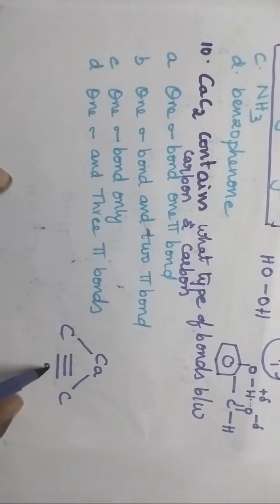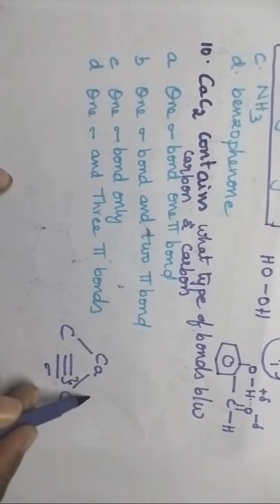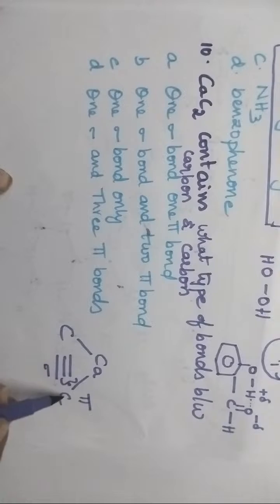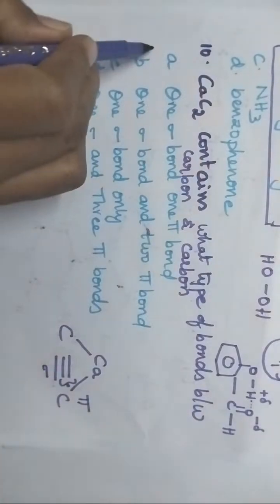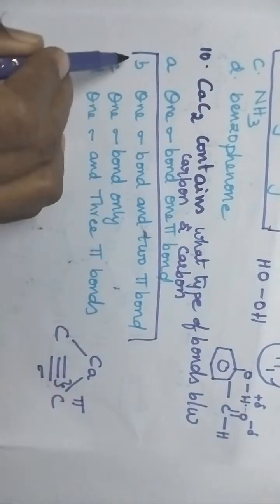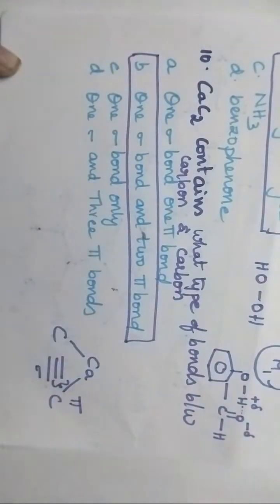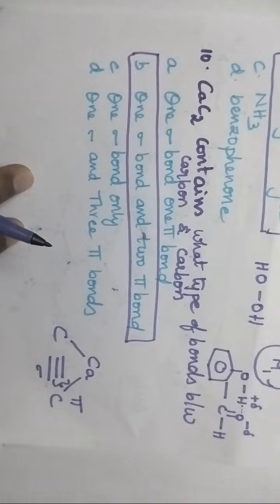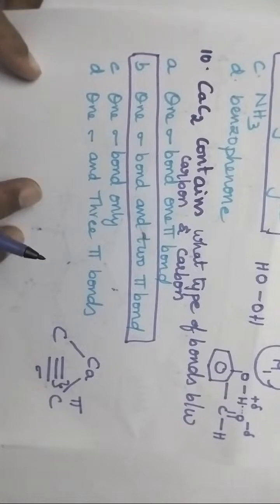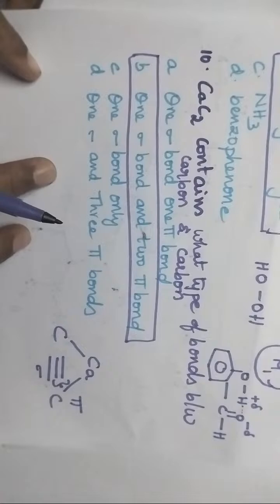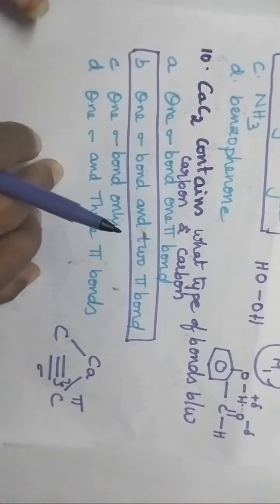So, one sigma bond and two pi bonds are present between the two carbon atoms of calcium carbide. So, option B is the right answer. Clear? Rajeshwari, one sigma and two pi bonds are present. Swati, very good. Okay.